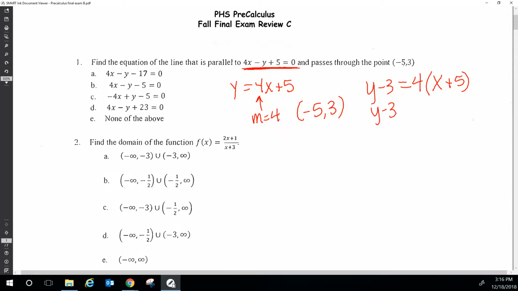So y minus 3 is equal to 4x, 4 times 5 is 20. And then I guess we'll go this way with the y. So I've got 4x minus y, and then plus 3 to the 20 would be plus 23. And we get D as our answer.